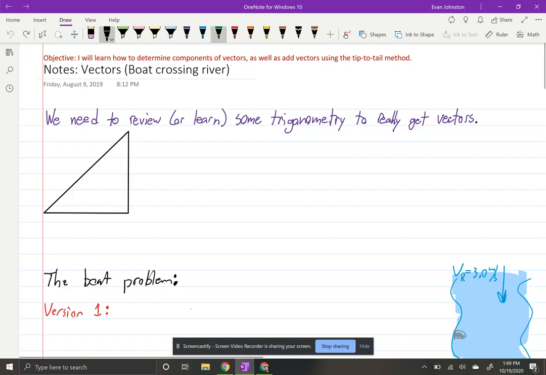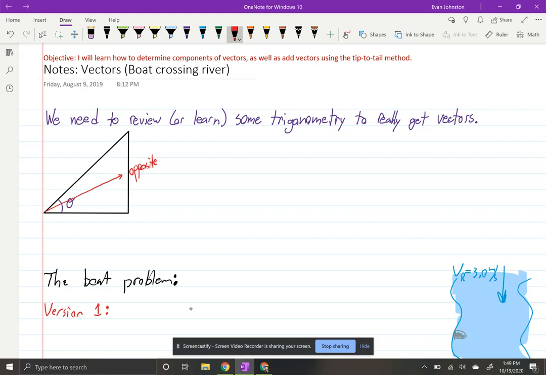First off, maybe there's some angle, and I'm just choosing this one. I could have chosen the angle up here. This little symbol I'm using is theta, a Greek letter. If I'm looking at this angle here, then going straight across from it, the opposite side, this thing here is the opposite.